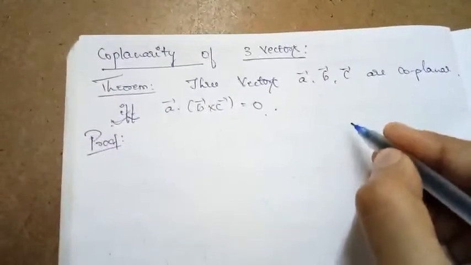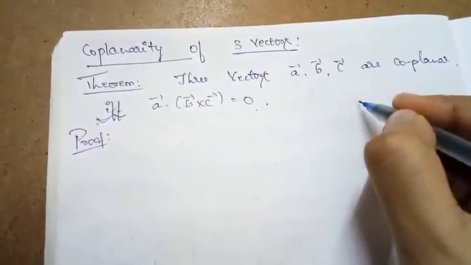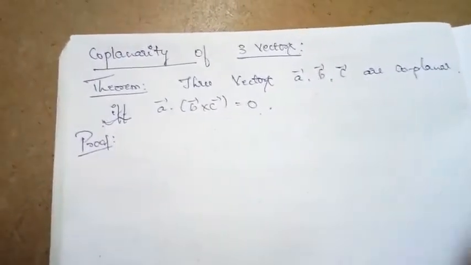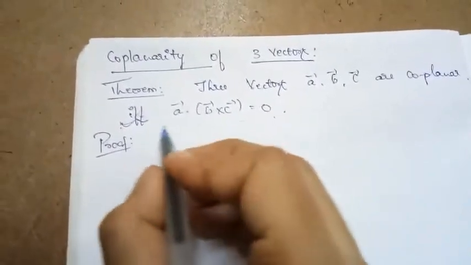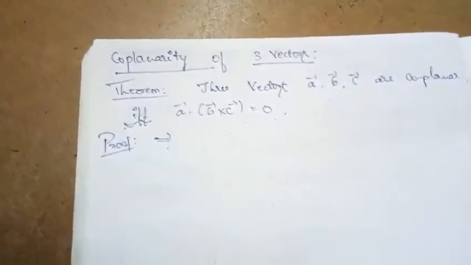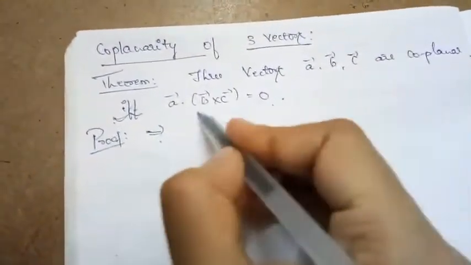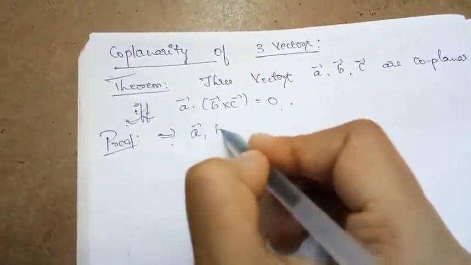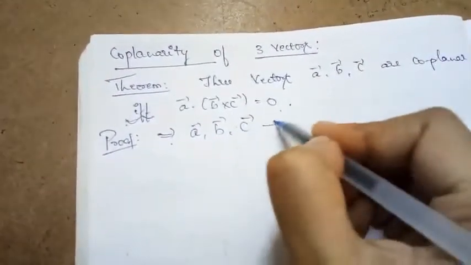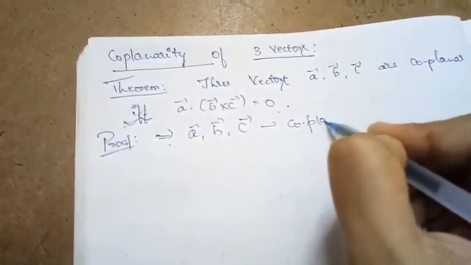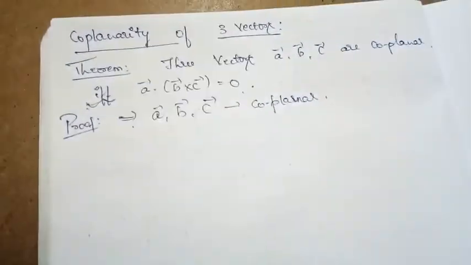So we are having both the if and then conditions. The first thing is, I am considering three vectors, let vector A, vector B and vector C. First I am going with the if condition, that is, the three vectors A, B, C are coplanar. If these three are coplanar, then our scalar triple product is 0.